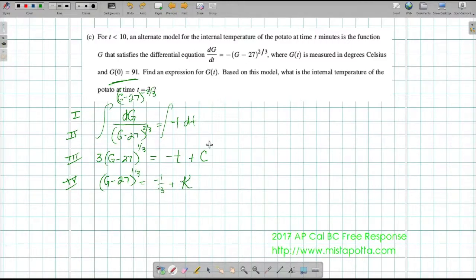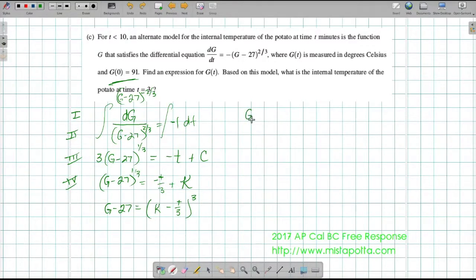I'm just using a different letter to signify it's a different constant, but it is a constant. Then I'm going to raise each of these to the 3rd power. So this is going to be really k minus t over 3, excuse me, t over 3. Horrible mistake. To the 3rd power, and then I can move this 27 over.